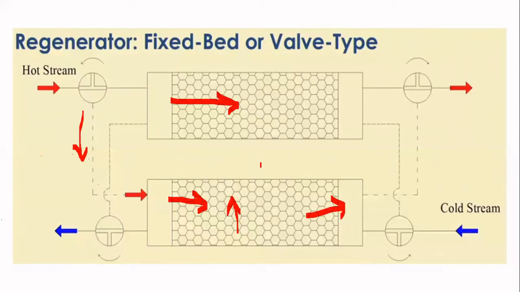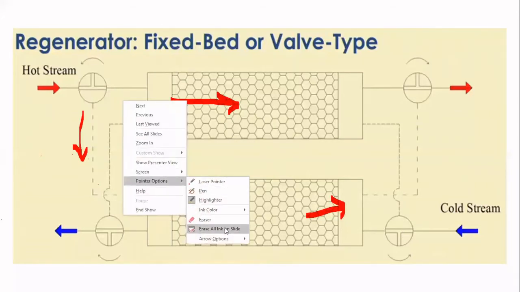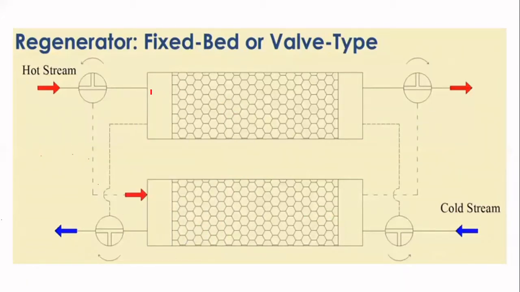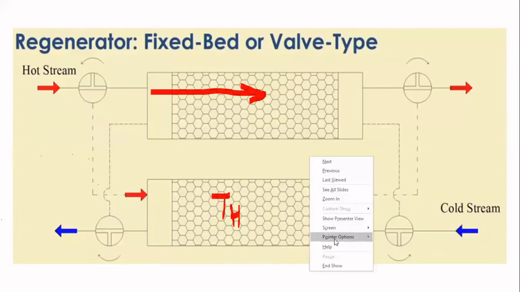Now we will talk about the flow of the cold stream. So for the cold stream, suppose that when the hot stream is flowing over the first bed, during that time or before that, the stream had flowed over the second bed, and the temperature of this particular matrix is already high. So what is going to happen?